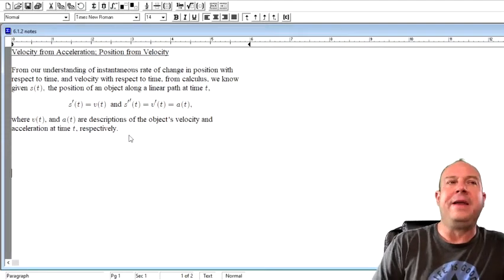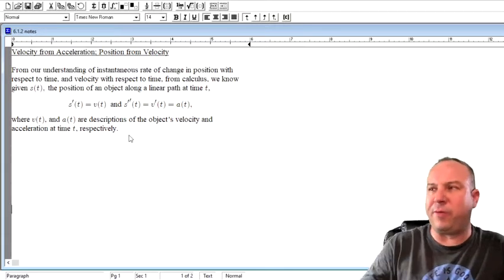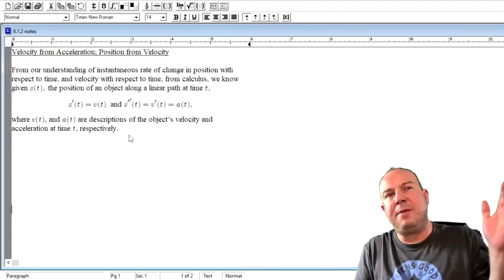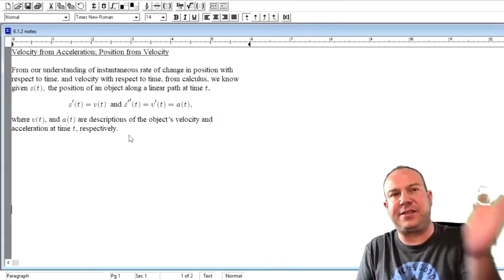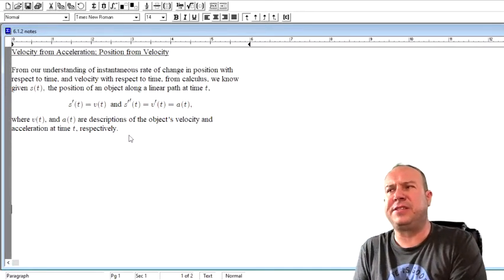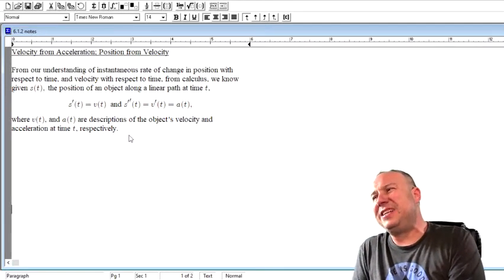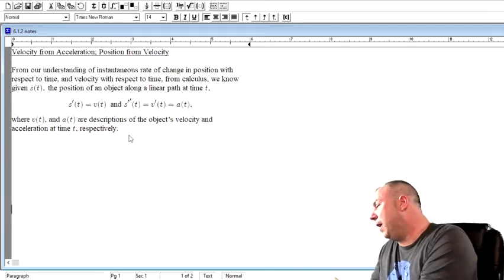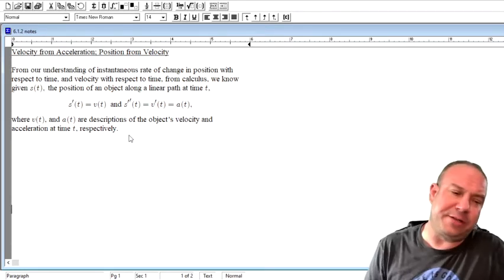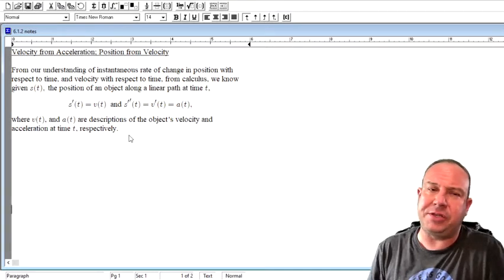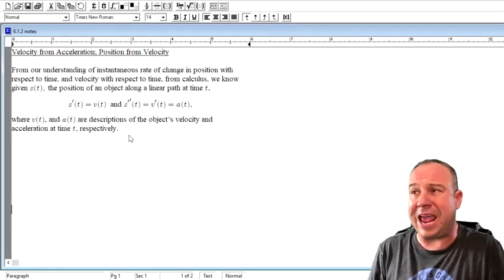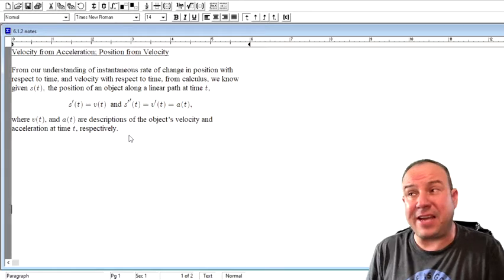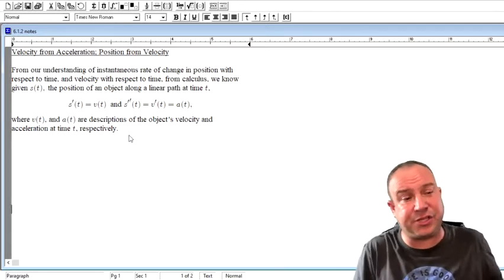Now, moving forward in that relationship from position to velocity and velocity to acceleration requires the process of differentiation, finding derivatives, where we understand there is an inverse operation to differentiation known as anti-differentiation or integration.